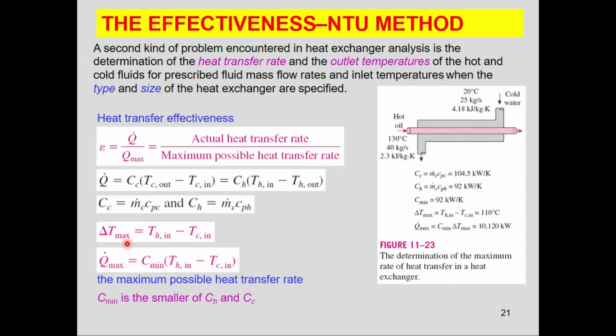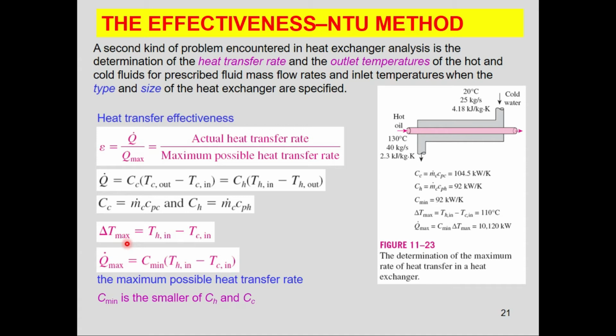So in real problems or in the industry, we usually have different fluids for the hot stream and for the cold stream. So the heat capacity rates for the hot fluid as well as for the cold fluid are usually different, right?